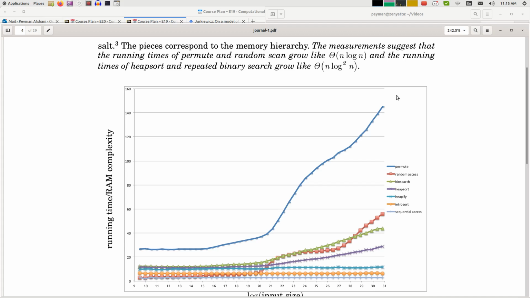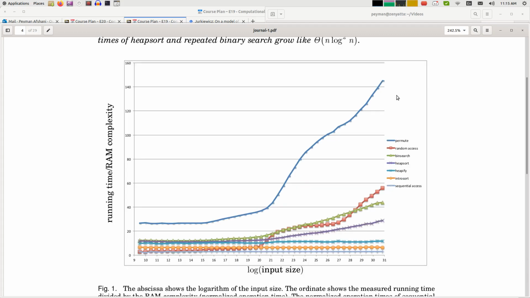And to be doubly sure, I would like these experiments to be repeated on a different machine with different specifications and different cache sizes, to see whether or not we get the same phenomenon.